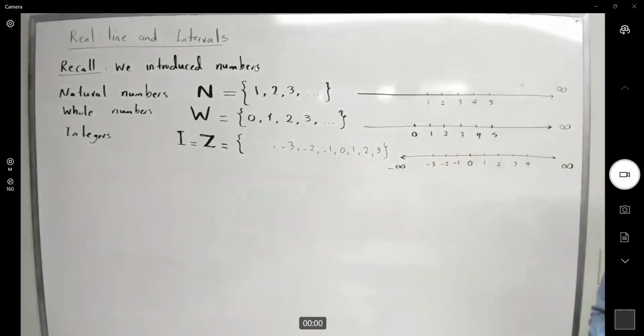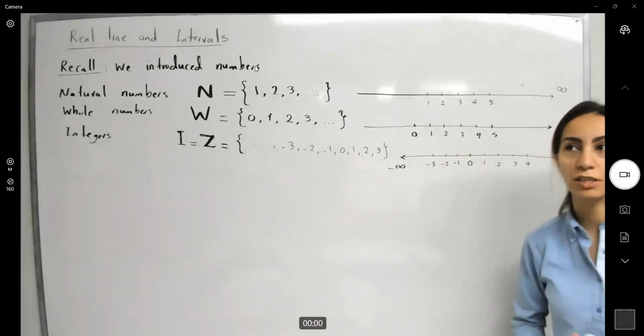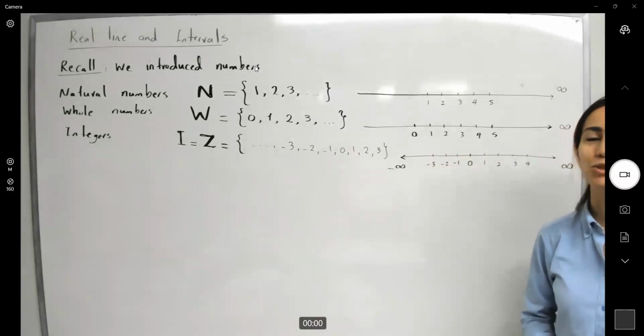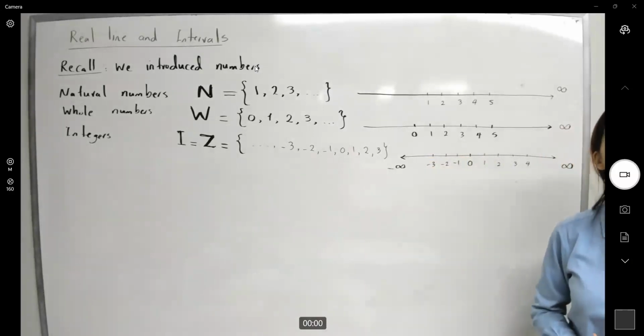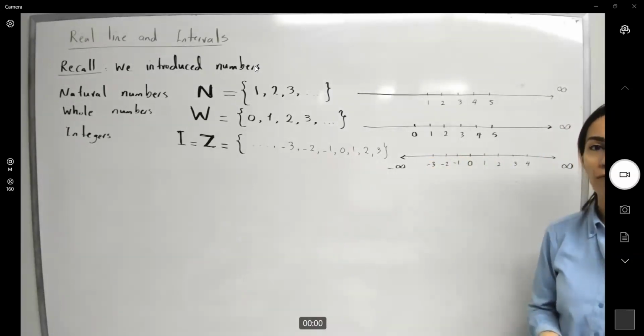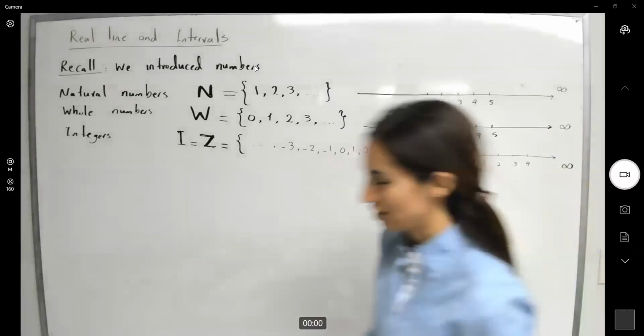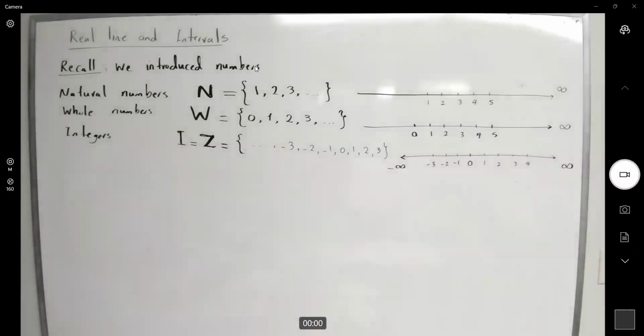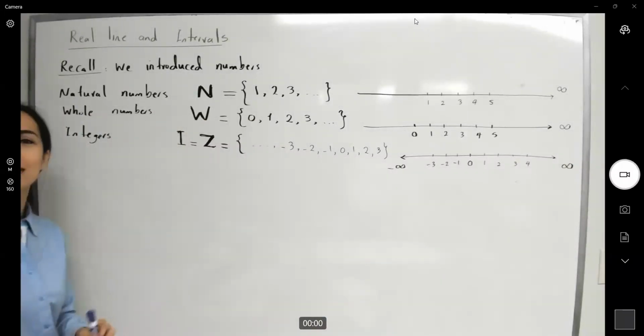So I expect you to ask, then what should I do with, for example, fractions? 1 divided by 2, or 5 divided by 9. What should I do with, for example, decimals? So in this case, we're going to introduce a new system.